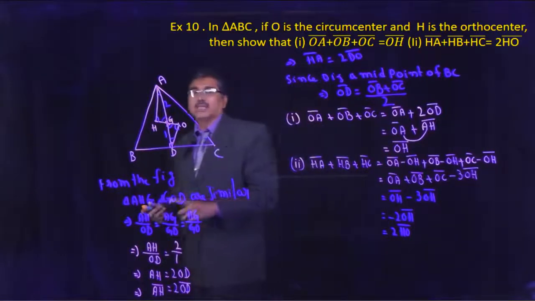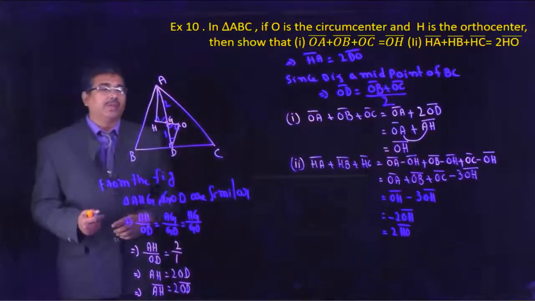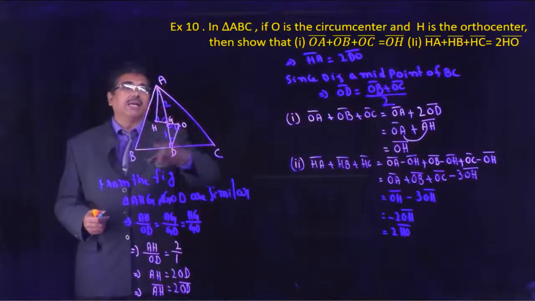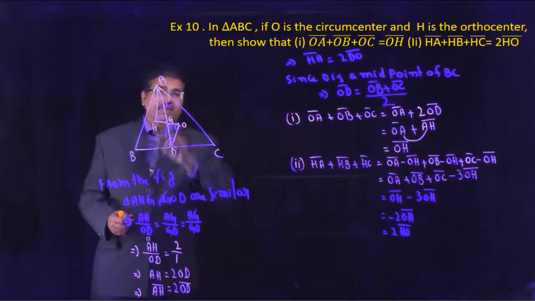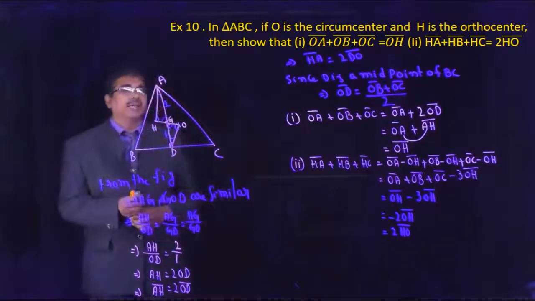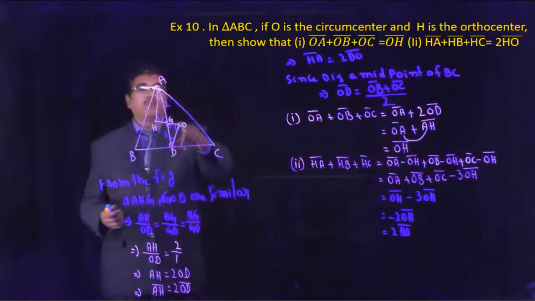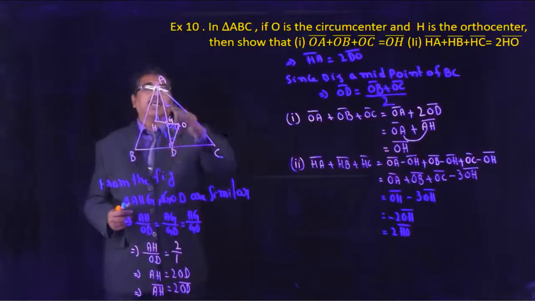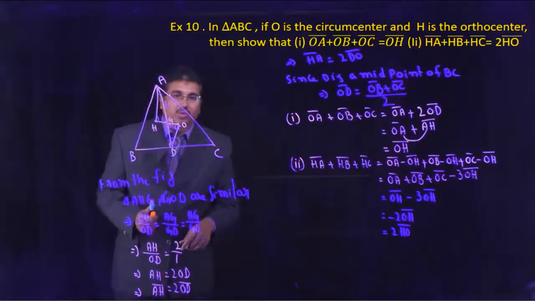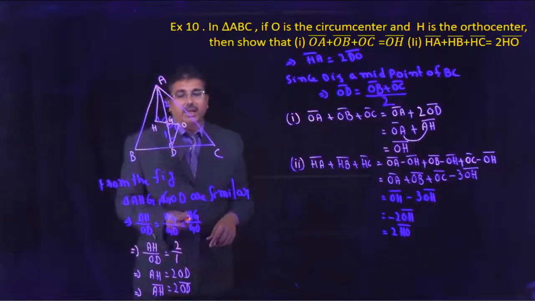Now, I would summarize this problem. Right, this is a triangle ABC. O is the circumcenter, H is the orthocenter, G is the centroid. Right, OD is the perpendicular bisector, AH is the altitude, AD is the median.